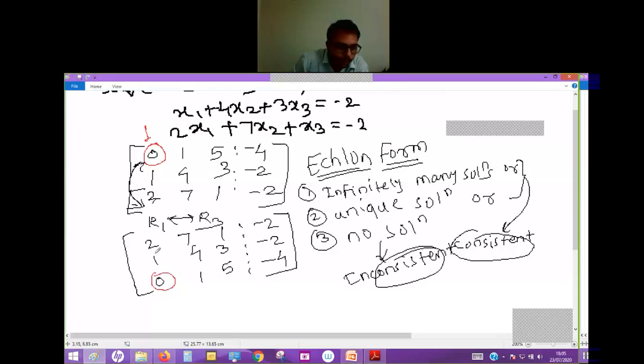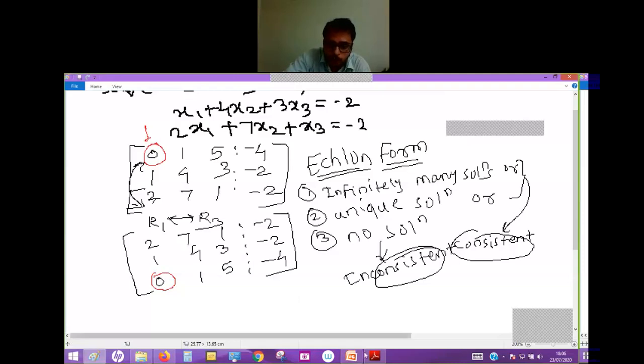Now I will try to make this 0 also, and let's see what happens. But why am I doing this? There is a form called echelon form, and we will try to achieve that form. That's why we are doing these elementary row operations.